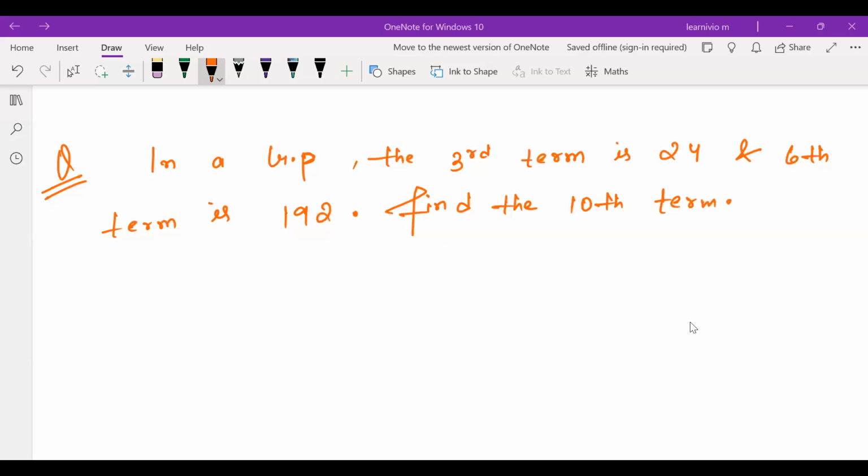The value is given, third term is 24. Sixth term is 192, so sixth term a6, formula is ar to the power n minus 1, that means 6 minus 1.